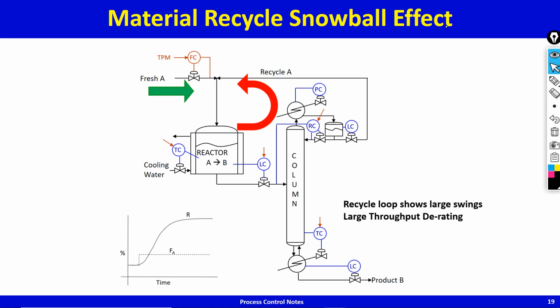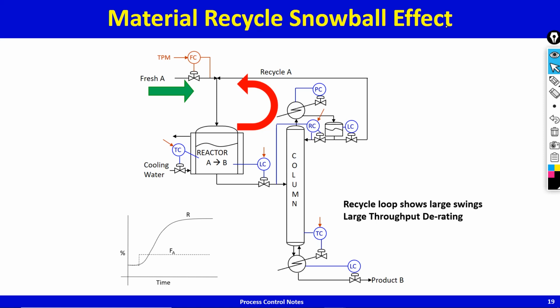Let us say the management asks us, okay, maximize production. But I am the operator of the process, and I know if I make a small change in the fresh A rate, recycle can show a very large swing. And I'm scared that such large swings may upset the column, will cause the column to flood, and so on and so forth.